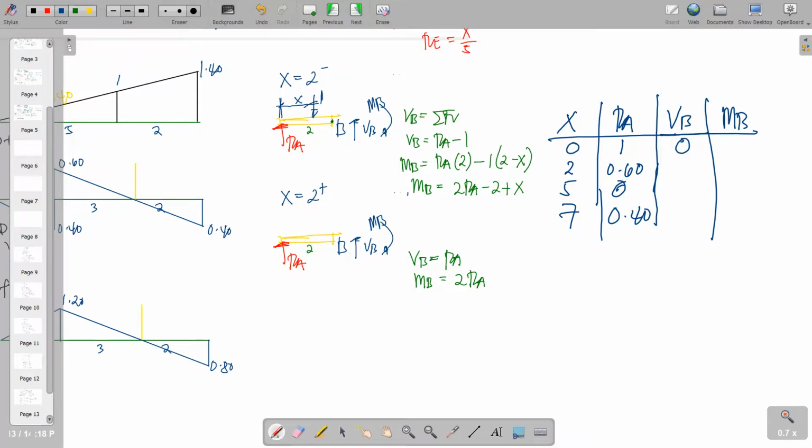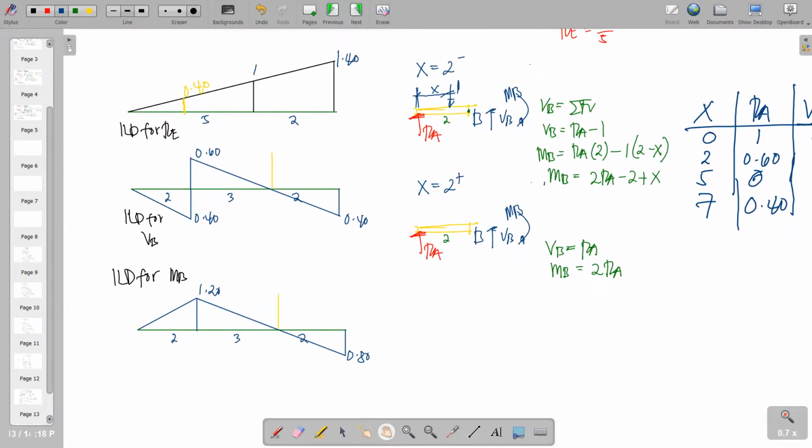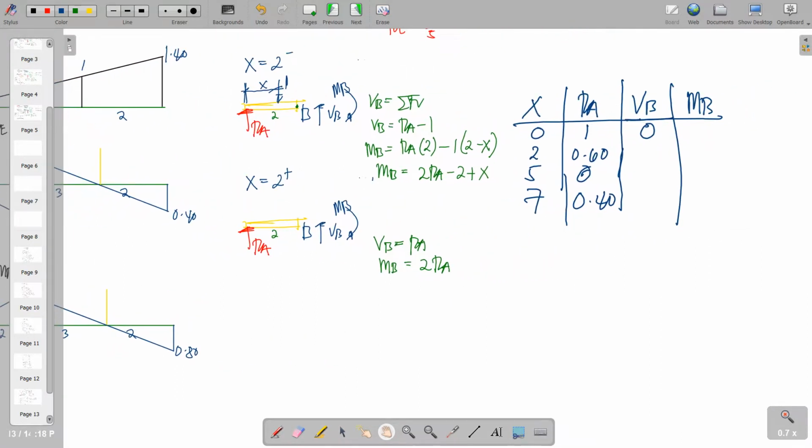And MB, we check 2 times 1, 2 minus 2, 0, plus x is equal to 0, so 0.